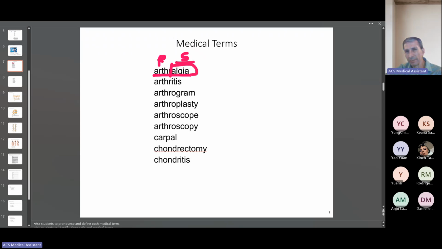Algia means pain. So pain where? In the joint. Joint pain. So when someone has pain in the joints, we call it arthralgia. Then we have arthritis. We know itis because we learned it already. Itis is the suffix, means inflammation. Arthr means, once again, joint. This is inflammation of a joint.